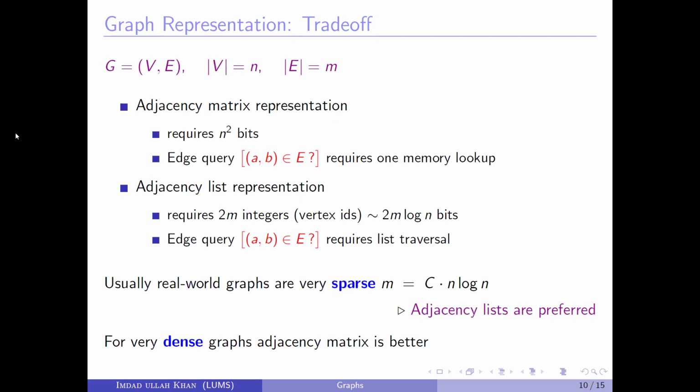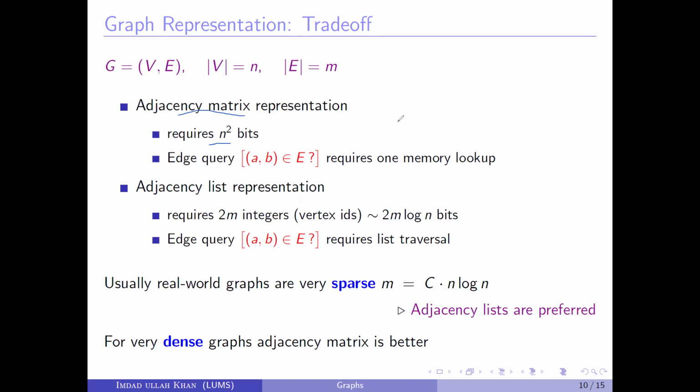So which of those two representations is good? Which of them is not that good? Essentially, it depends on the kind of application which we are talking about. But in general, adjacency matrix is the one which requires n square bits.